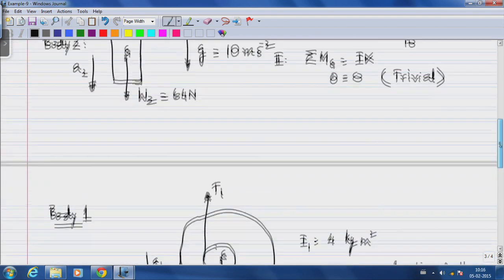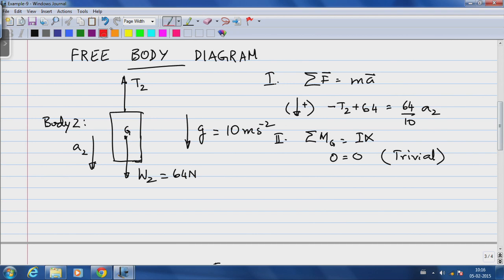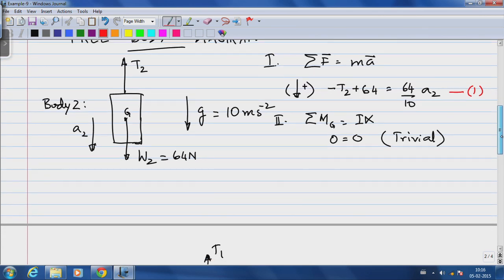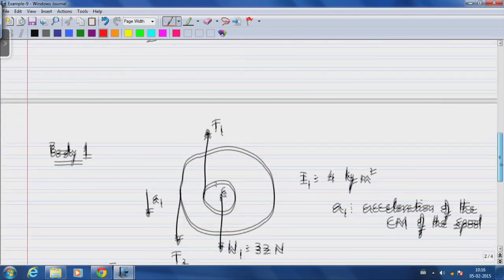Okay, so, I am going to designate these equation numbers because we are going to come back and use them later. Our first equation of motion came from Euler's first law applied to body 2.